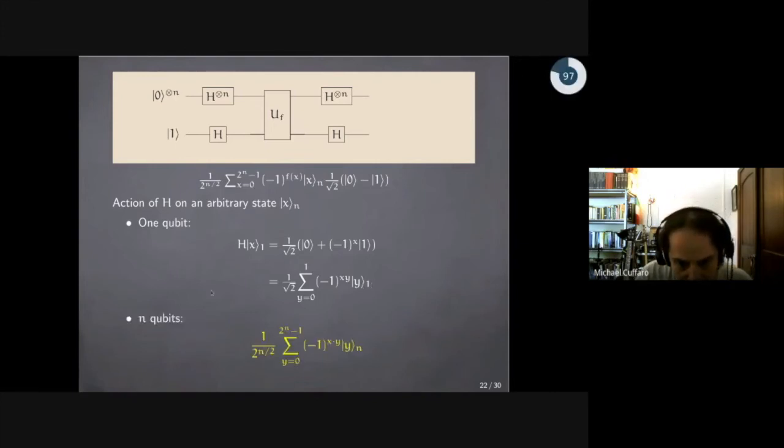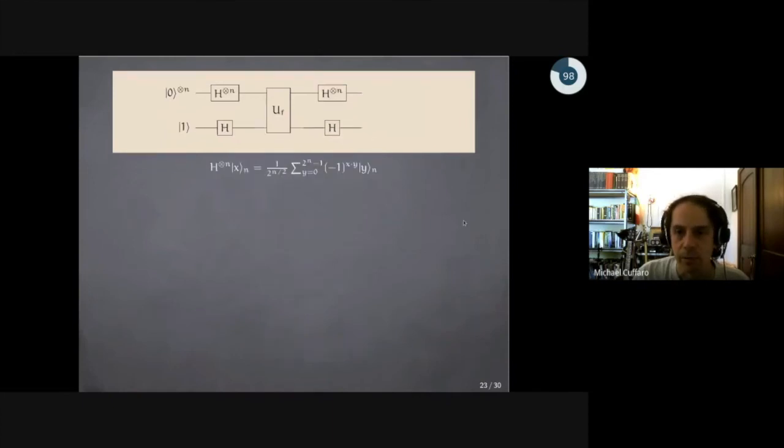Okay, so for n qubits, this generalizes to this expression. So we can rewrite the state of the quantum computer in this way.